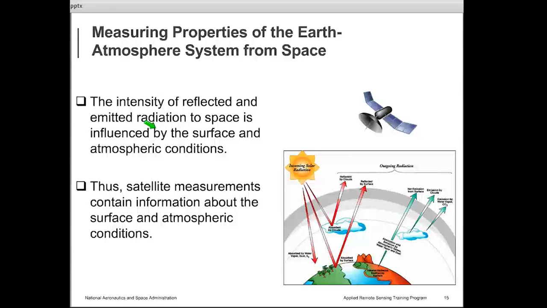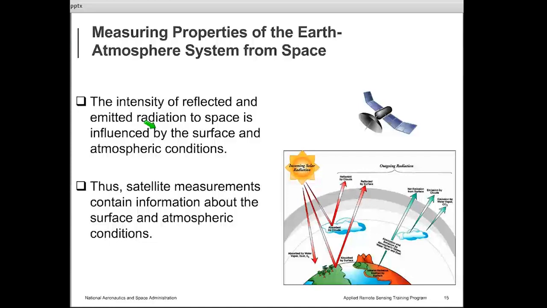So each surface property, each type of surface, influences the incoming solar radiation in different ways. And of course, the atmospheric condition also influences this incoming solar radiation. Different temperatures influence it in different ways, as do the amount of water vapor or humidity in the atmosphere, clouds, rain, and aerosols, or the particles in the atmosphere, which interact with the solar radiation and influence it.